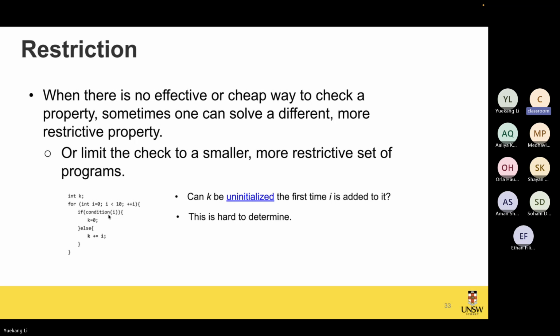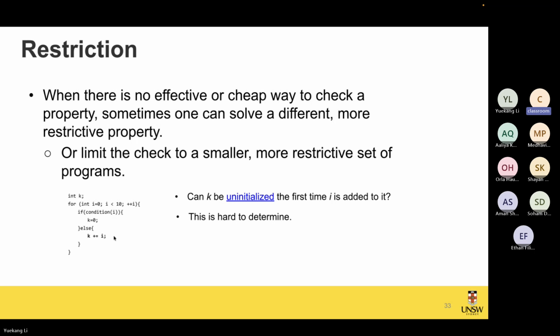It could be very hard to check whether this i here can satisfy the condition. So this is a hard problem to check. It's hard to confidently say that there could be an uninitialized usage of variable k.